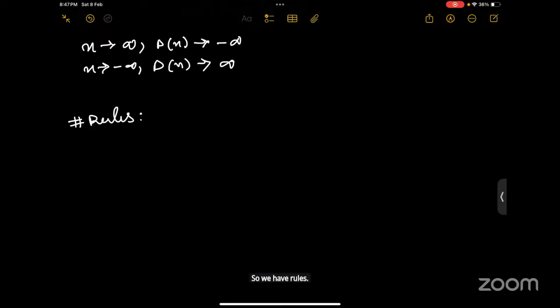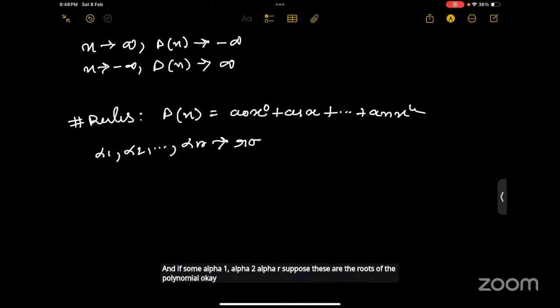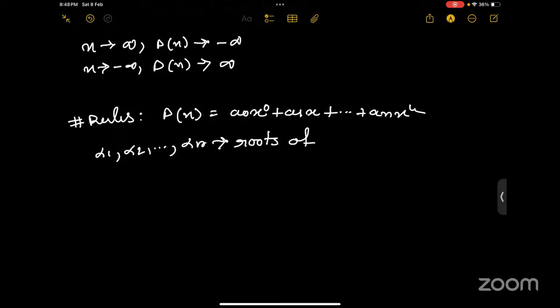If we can factor the polynomial p of x, and suppose alpha 1, alpha 2, up to alpha r are the roots of the polynomial, and we know that roots mean x intercepts, right?